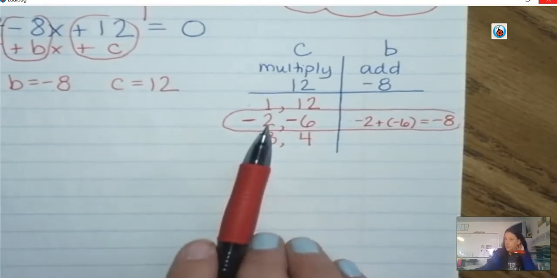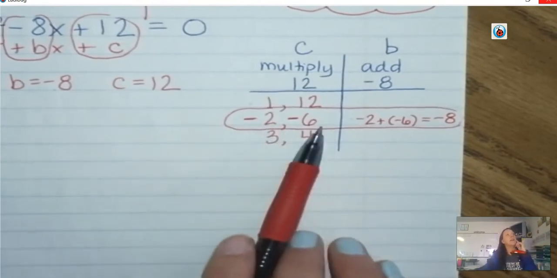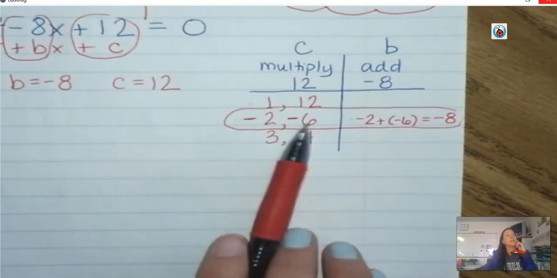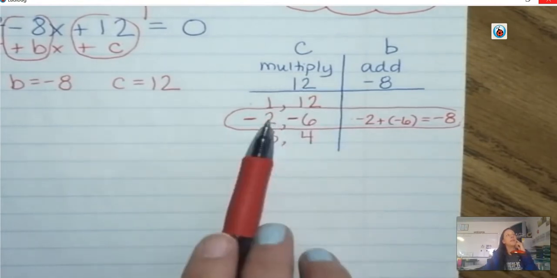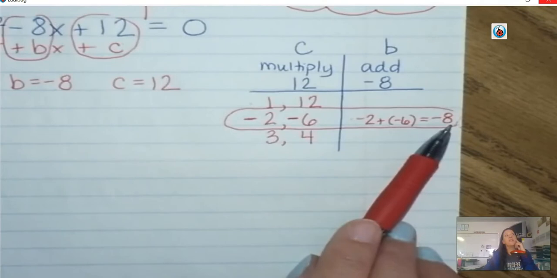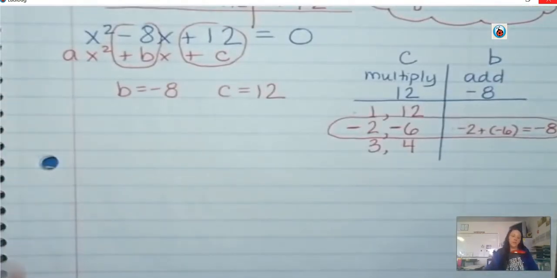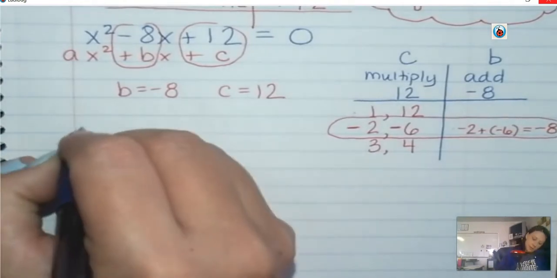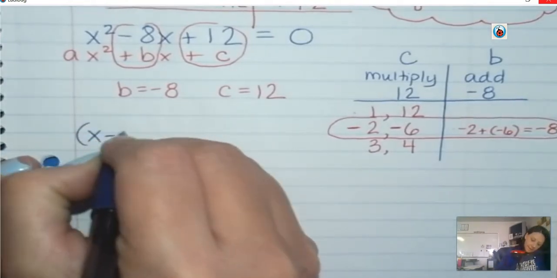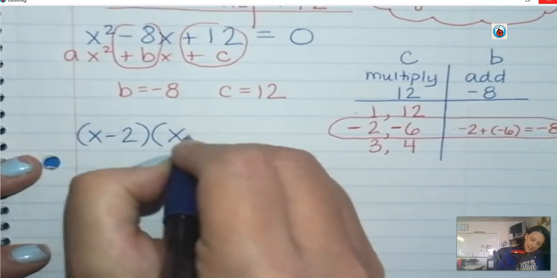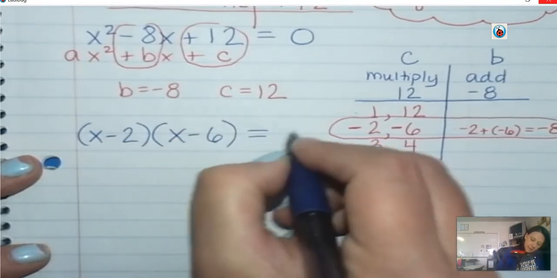So my factors are negative 2 and negative 6. A negative times a negative is positive. A negative plus another negative is just more negatives. Then we're going to write that out as the factors, just like we did before. So it's going to be x minus 2 times x minus 6. Make it equal to 0.